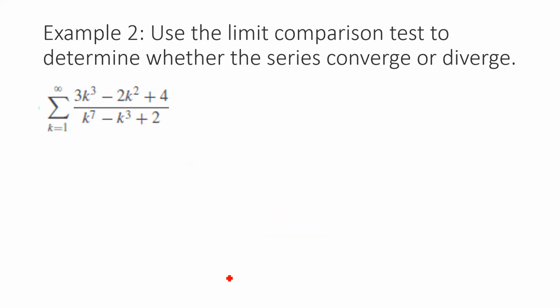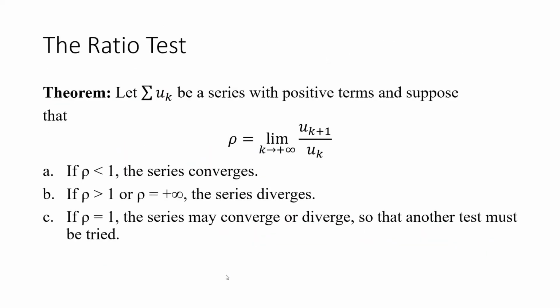Now let's move to the ratio test. The comparison test and the limit comparison test hinge on first making a guess about convergence and then finding an appropriate series for comparison, both of which can be difficult tasks in cases where the first principle and second principle cannot be applied.